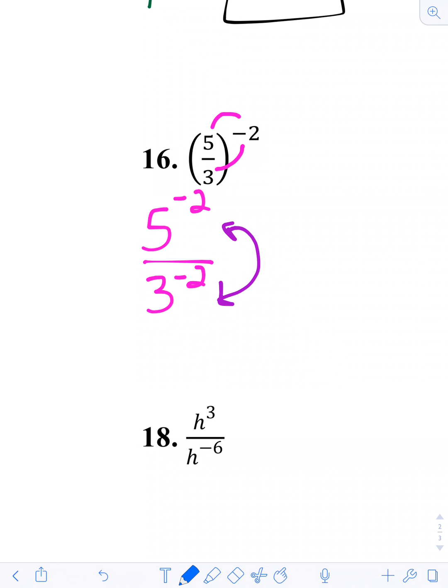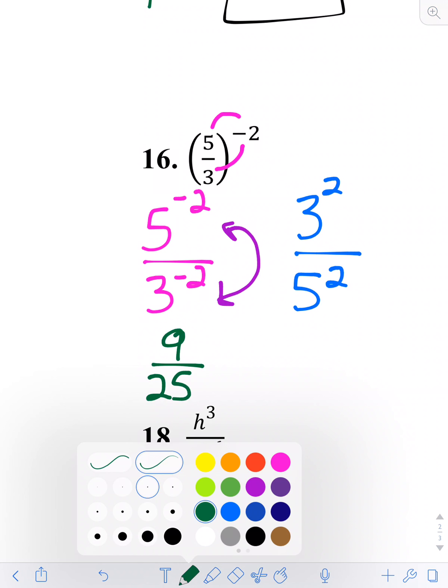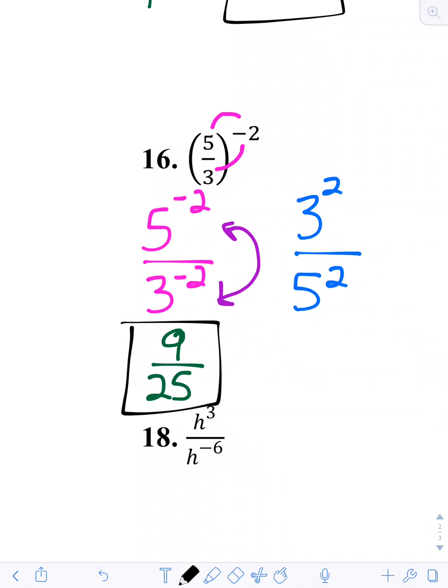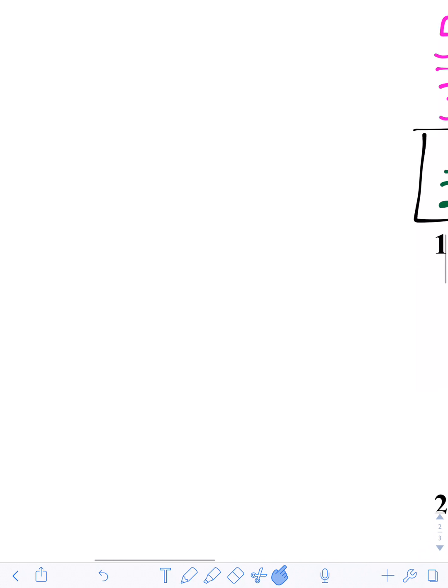So what we have is 3 squared over 5 squared, and then we can reduce that. So 3 squared is 9, 5 squared is 25. And that's our final answer. And that doesn't reduce. If it reduced, we would write that. But since this doesn't reduce, that's our final answer.